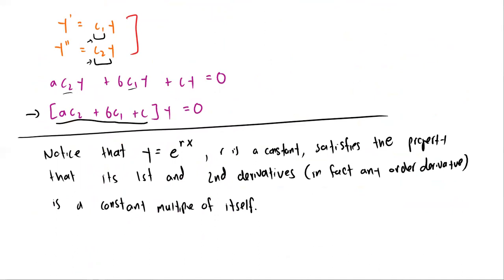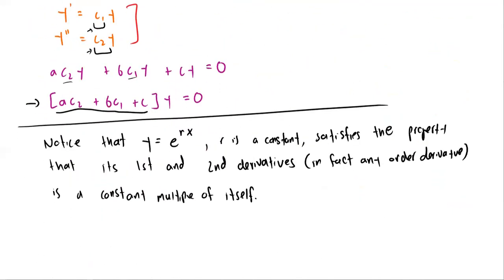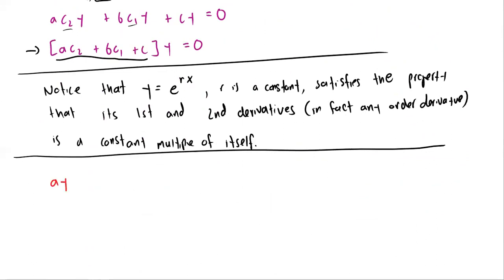So let's do the same thing we did before, but now using this specific function, y equals e to the rx. Again, the differential equation is a times y double prime plus b y prime plus cy equals 0, where a, b, and c are constants.